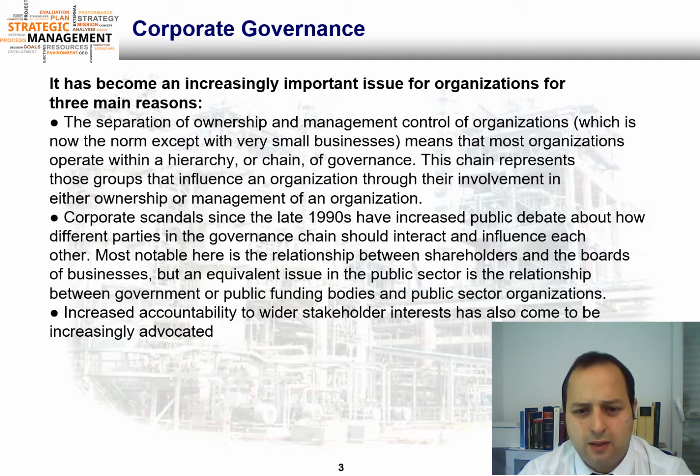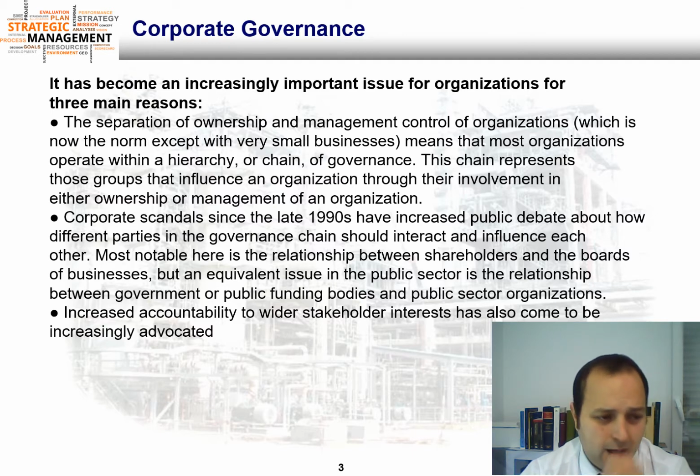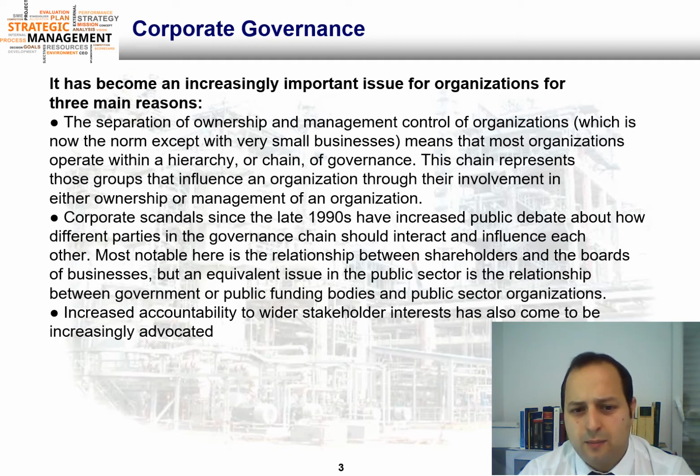Let's think, for example, of the case of Enron and Arthur Andersen, and the relationship among the shareholders or the board of directors. Those scandals increased the feeling that shareholders should control the board of directors, the board of directors should control the management level, or the auditors should control the accountability of the companies.